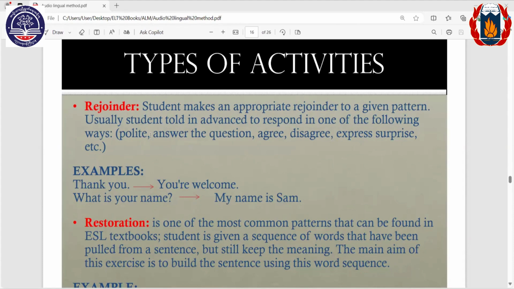For example, the teacher or another student will say, thank you. You will respond, you are welcome. Or the next one, what is your name? My name is Sam. This is called rejoinder activity. But in our daily life, we use this one even though we don't know it by its technical name.